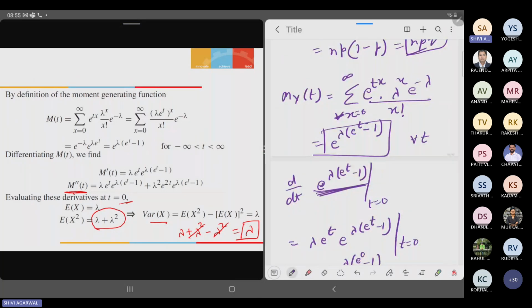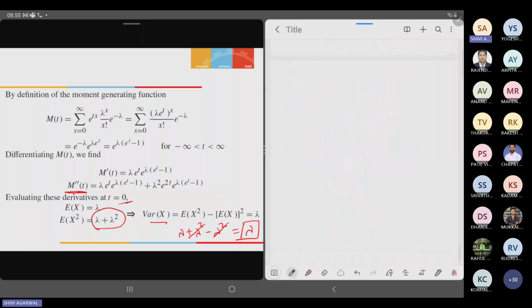If we open it up, it is e to the power lambda e to the power t minus lambda. That is this concept. So we differentiate it with respect to t. e to the power minus lambda is a constant, so that becomes 0. So we are just taking lambda e to the power t, this part, and e to the power lambda e to the power t minus lambda. Got it, Mr. Mahendra?